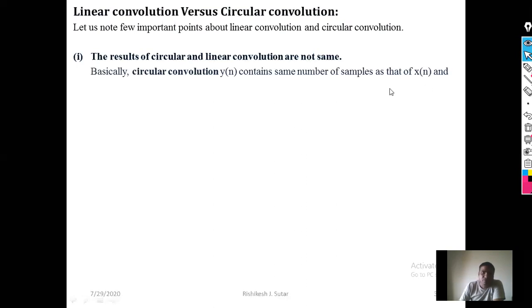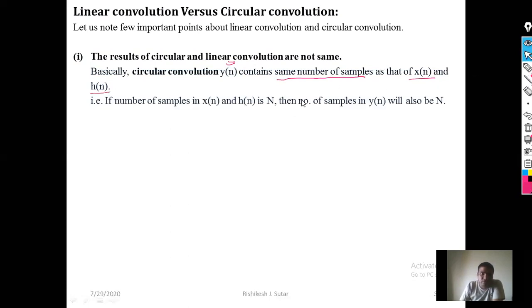Because if you go for the circular convolution, then y of n will contain the same number of samples as x of n and h of n. It means that if x of n and h of n have a number of samples equal to capital N, then y of n will also have the same number of samples. But that is not the case in the linear convolution.